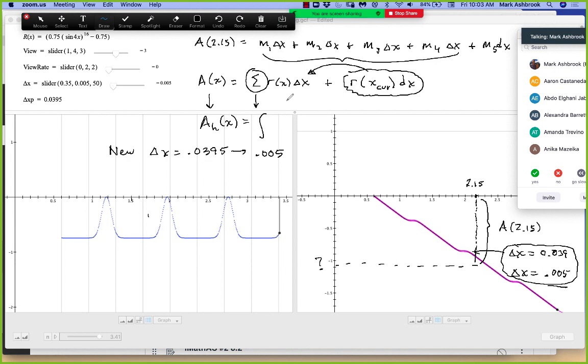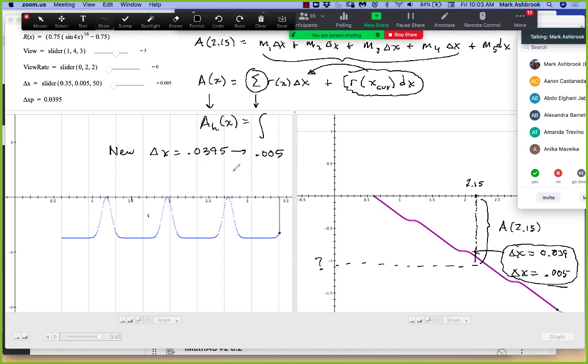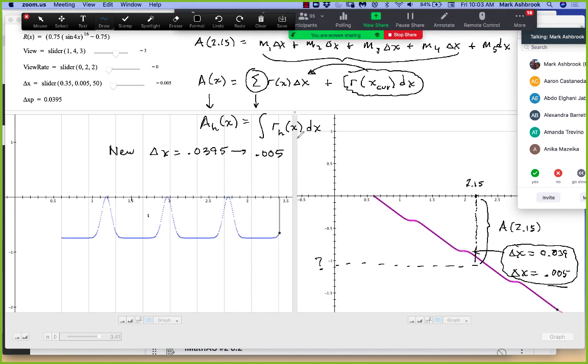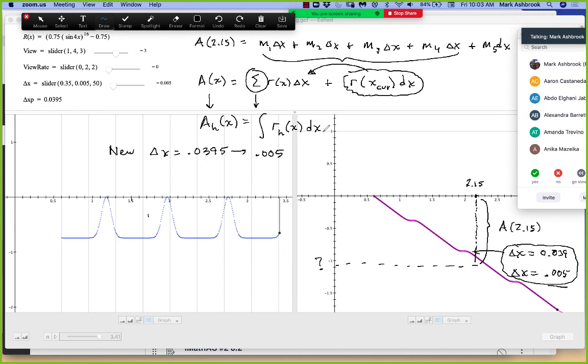Okay, so we're going to integrate, and now our delta x's are so small that it's like we're taking every single rate, so our bits of change are based on every single rate, and then times these little teeny changes in each interval.